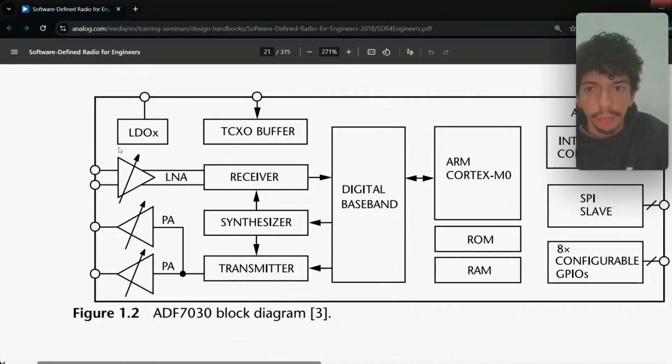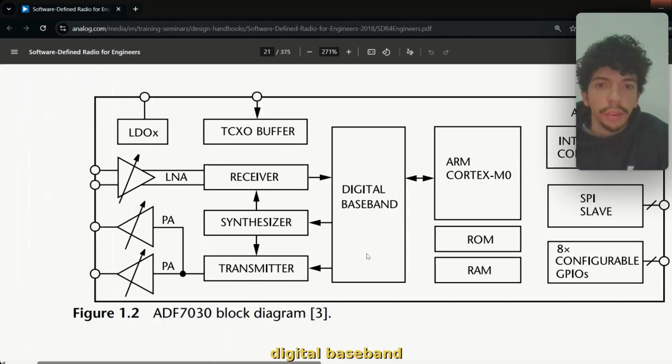In this block we have an LNA, a low noise amplifier, and receiver, synthesizer, transmitter, digital baseband, ARM Cortex M0, memory RAM, interrupt controller, SPI slave, 8x configurable GPIOs.